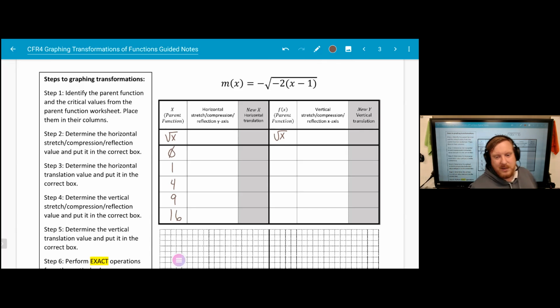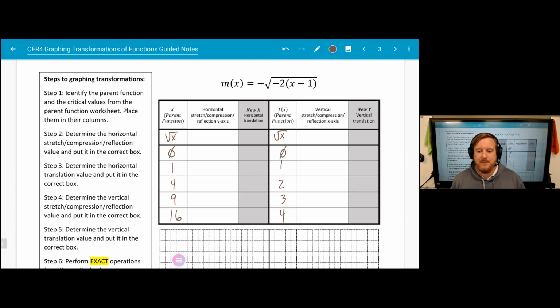We're just graphing the best we can. My parent function y values, my f of x values, were 0, 1, 2, 3, 4. Because think about it, the square root of 0 is 0, square root of 1 is 1, square root of 4 is 2, square root of 9 is 3, and square root of 16 is 4.